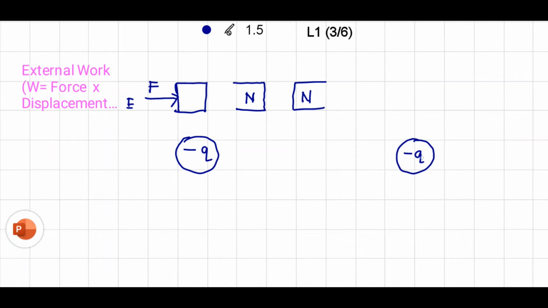When we need to bring it from this position, suppose A, to position B, we need to apply a certain force, and that is an electrical force. So the question is how it can be applied on a charge. We need to apply external force, and then the charge can be brought near to charge B.